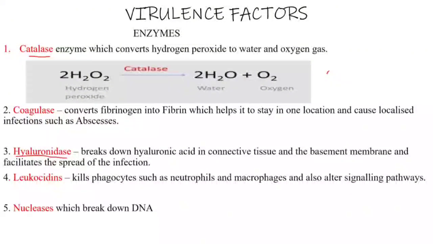And now there is another enzyme called the leukocidin. When you hear leuco, we are dealing with white blood cells, and cidin means killing something. So they produce leukocidins, which kill phagocytes like neutrophils and macrophages, and also alter their signaling pathways. Neutrophils and macrophages are supposed to phagocytize the Staph aureus and break it down, but Staph is able to escape that by killing the neutrophils so that it is able to stay longer and cause its infections.